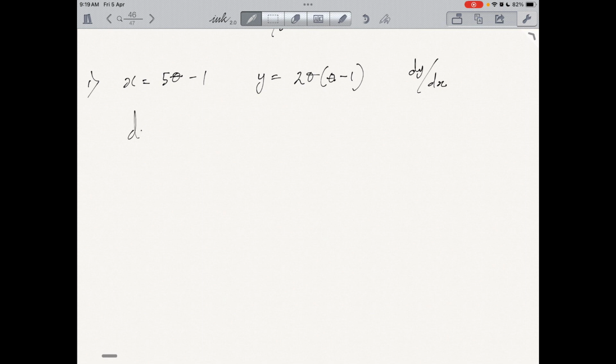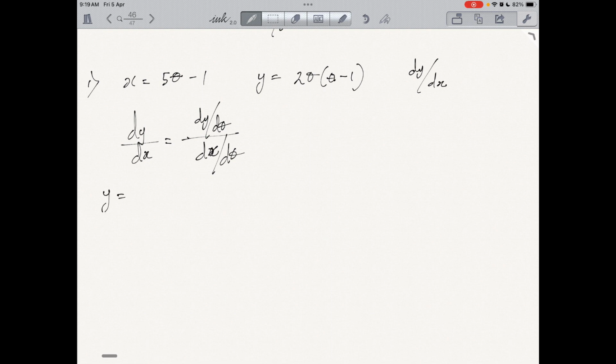Now we understand that dy/dx is dy/dθ divided by dx/dθ. So therefore we have to evaluate dy/dθ and also evaluate dx/dθ.